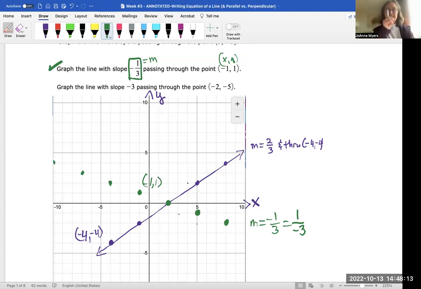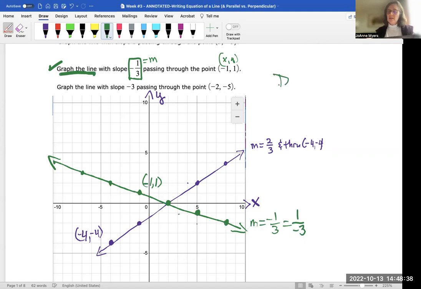So not only these points that land on integers, but all of these green dots that land at the fractions and decimals are also points on the line. This green line is the line that has slope of -1/3, passing through the point -1, +1.